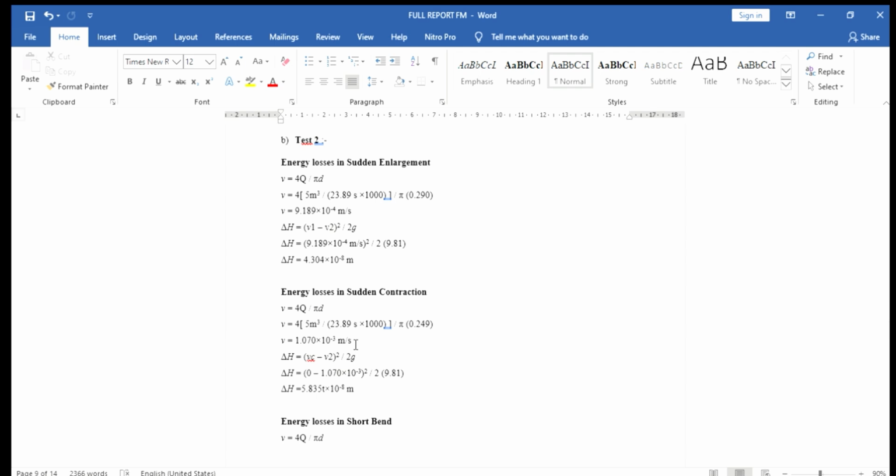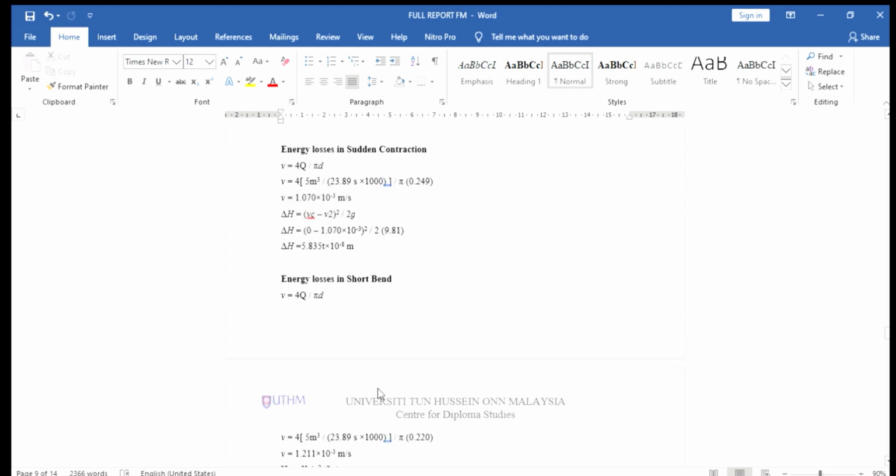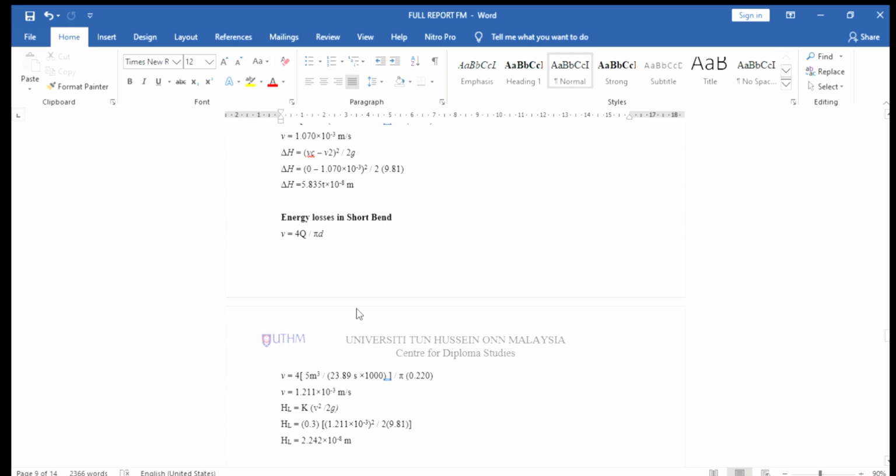For the velocity, we will get 1.070 exponent negative 3. And for the head loss, we got 5.835 exponent negative 8 meter. Same as for energy losses in short bend, by using 23.89 seconds for the time to find the flow rate.